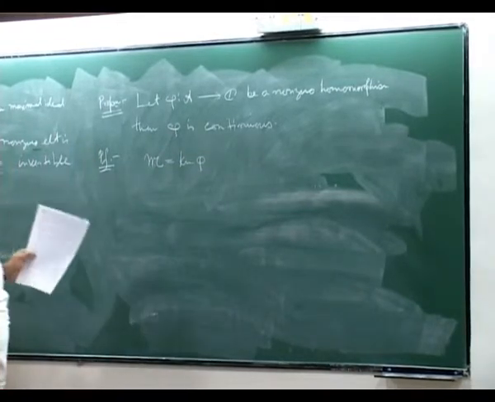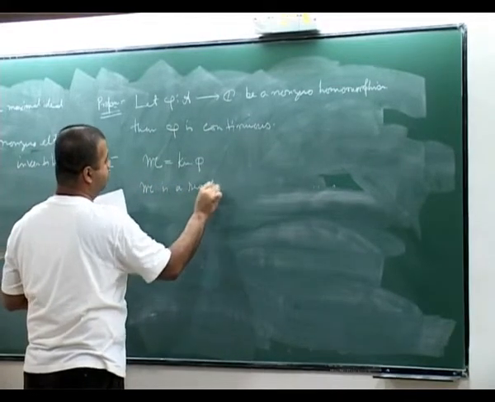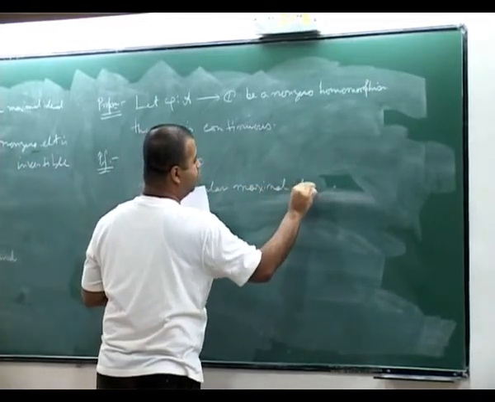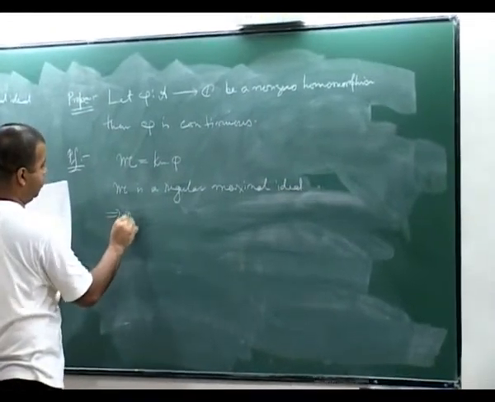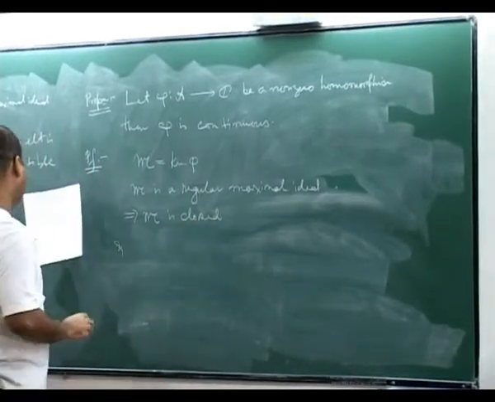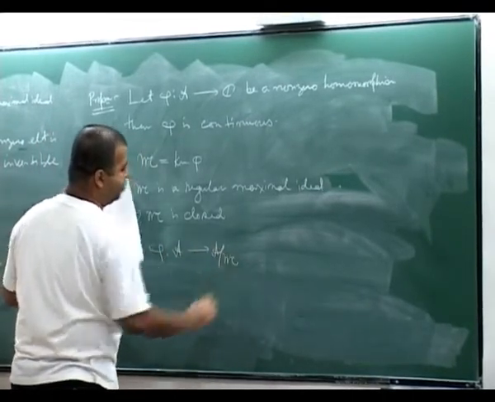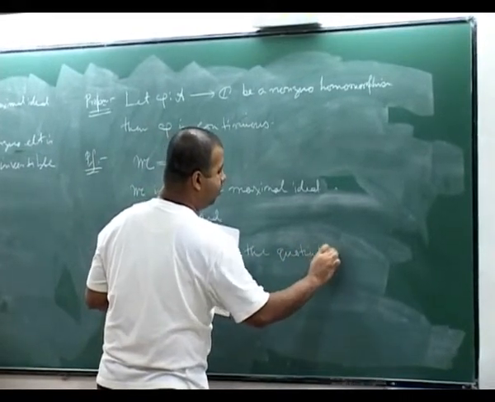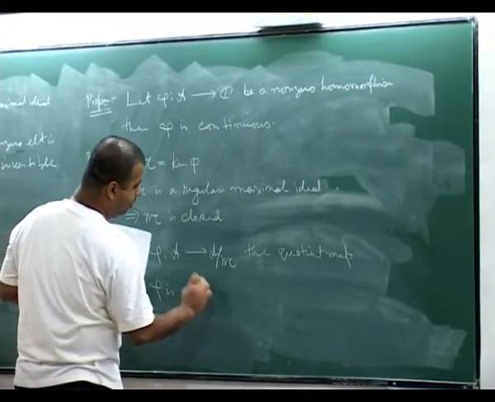Then M is a regular maximal ideal, so M is closed, and this map phi is actually the quotient map. And therefore phi is continuous.